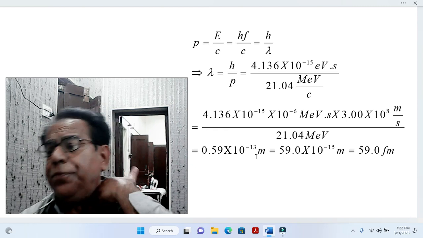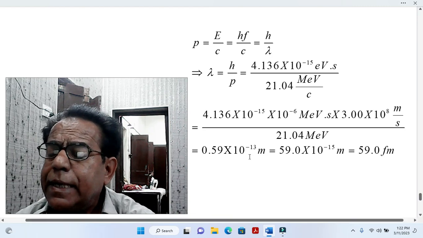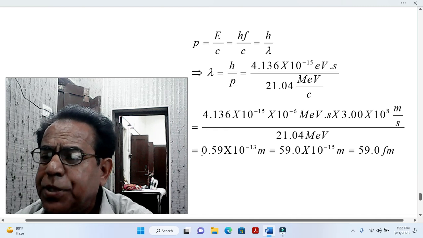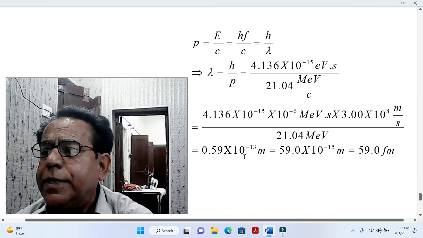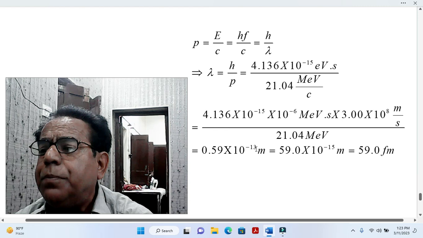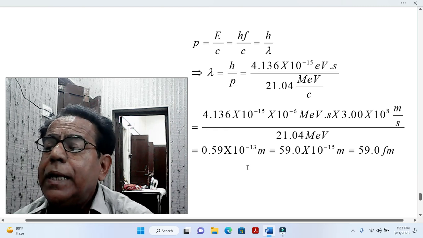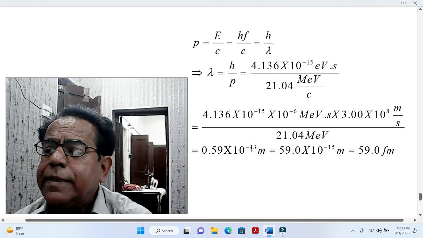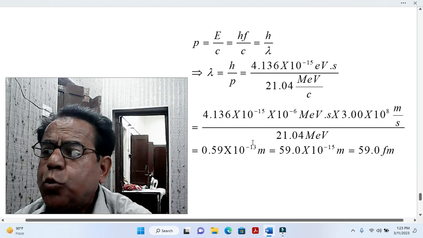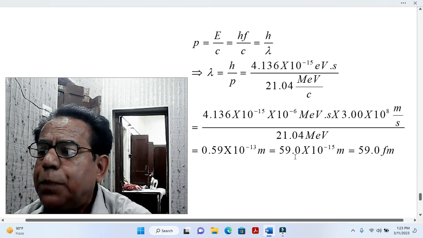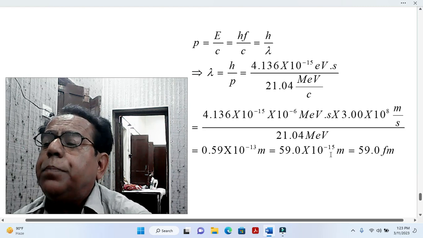If we convert it into 10 raised to the power minus 12, then it will become 0.059 into 10 raised to the power minus 12 meter, and this will be equal to picometer. And if we want to convert it into 10 raised to the power minus 15, then it will become 59.0 into 10 raised to the power minus 15 meter.